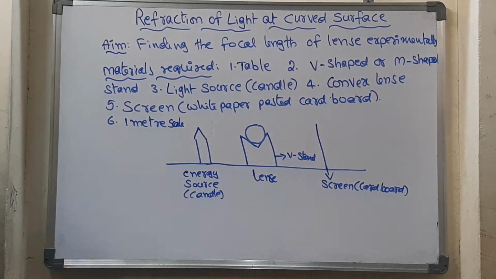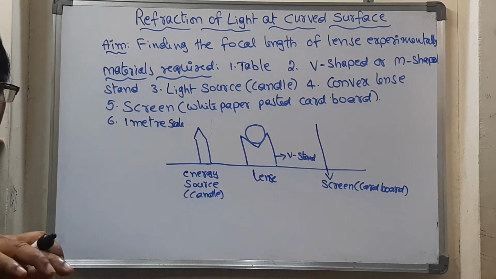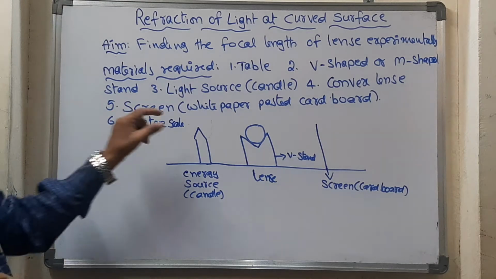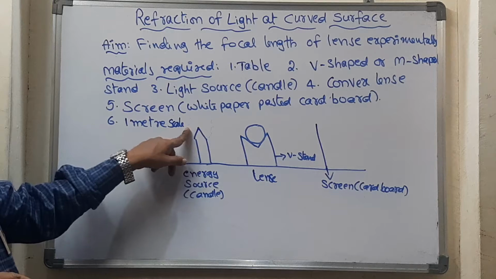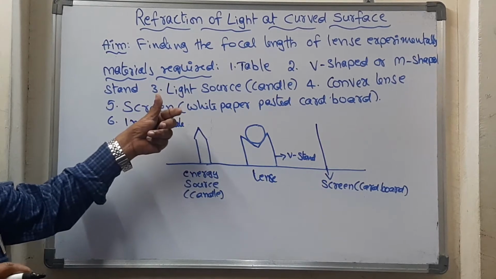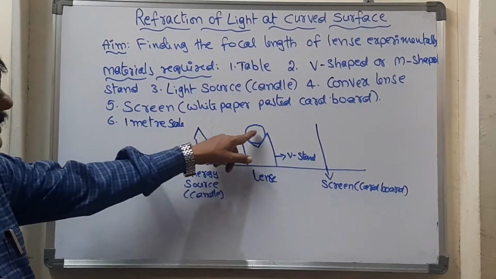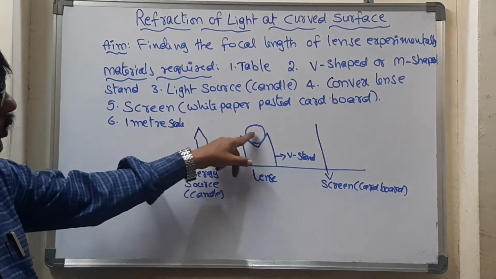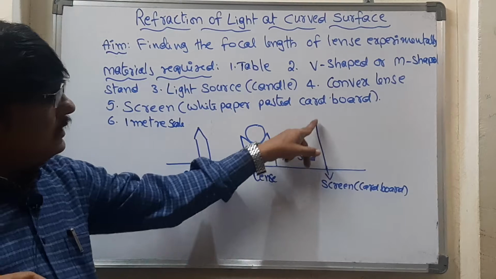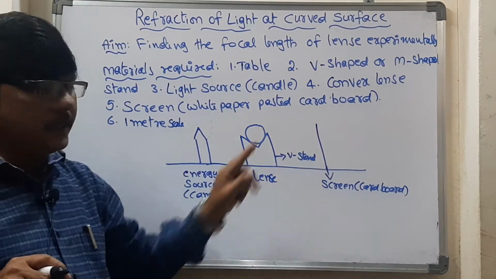After keeping the arrangement, first of all we have to place the candle and light the candle. So the flame starts, and here is the lens. Through this lens the flame will go here, and here we will place the screen.